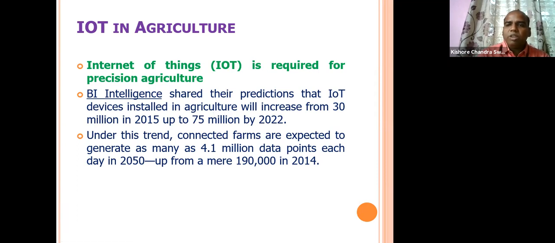Those readings need to be analyzed through advanced software, and that software will tell exactly which data point has which problem, and on the basis of that information we can give special attention to that crop and that area.